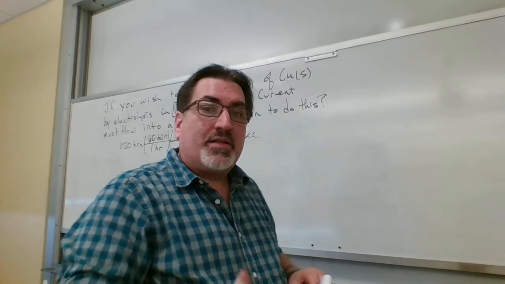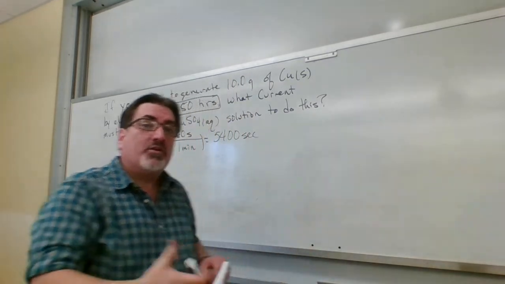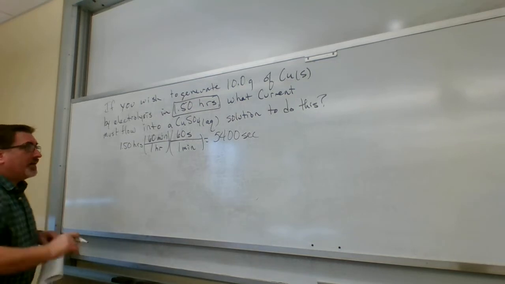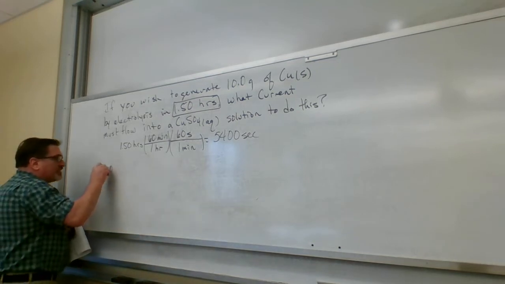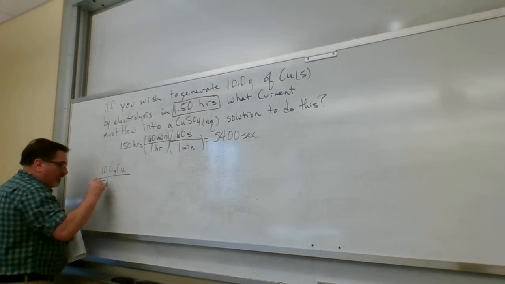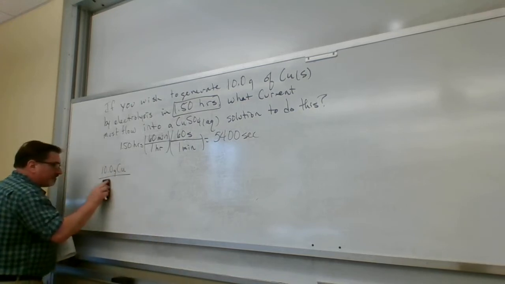So I'm going to start this unit conversion problem with the unit conversion. We've seen this happen a couple of other times, but we're going to do 10.0 grams of Cu per 5,400 seconds.